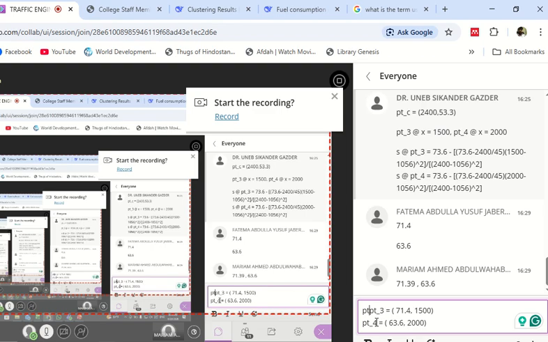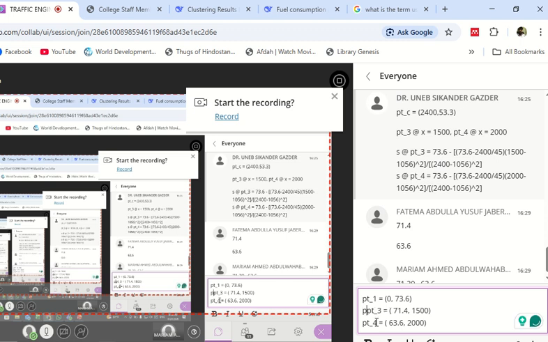0.1, the starting point, was 0 and free flow speed. 0.2, up to the breakpoint, was breakpoint and free flow speed.